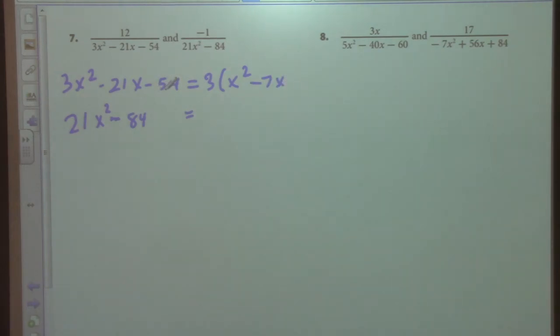And last thing, what's 54 divided by 3? 18, okay. And now can this be further factored here?